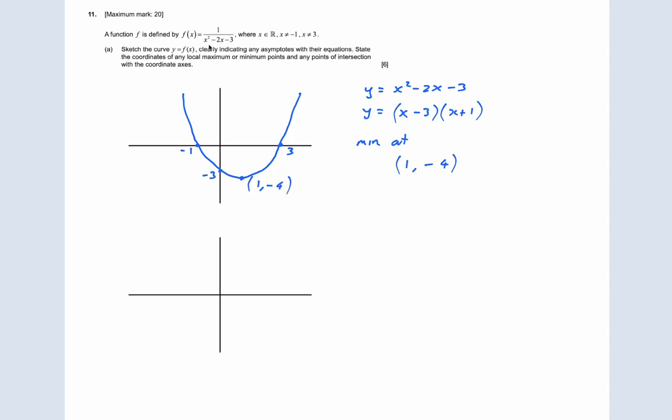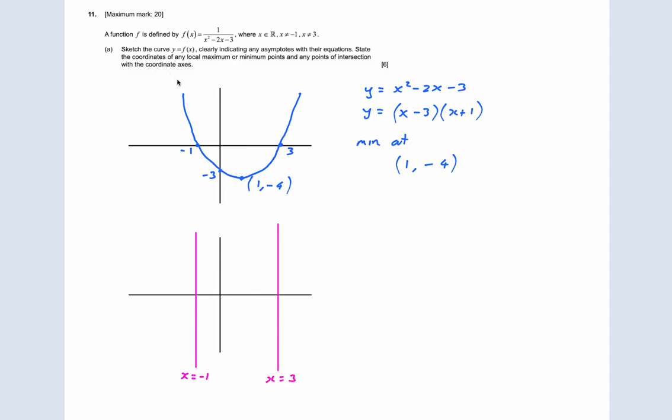Now, the reciprocal function, which is 1 over this quadratic, well, it looks very different. Firstly, it's going to have vertical asymptotes at x equals -1 and x equals 3 here. Why is that?